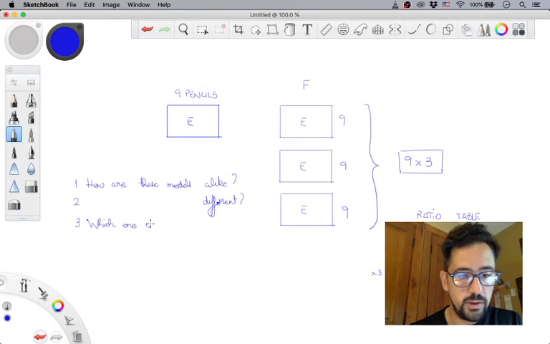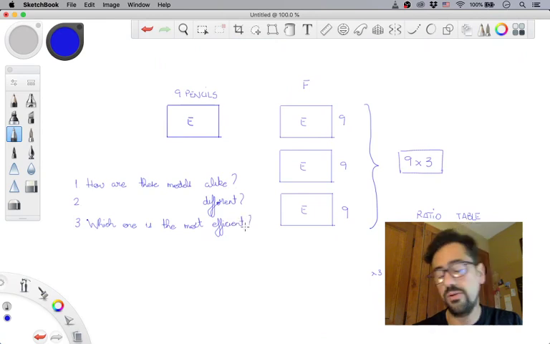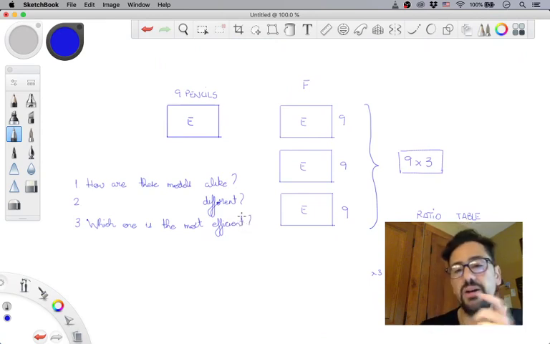Now, the most efficient model changes with the problem. So there is no single answer, but which one so far do you feel is the most efficient for the problems that we have solved?